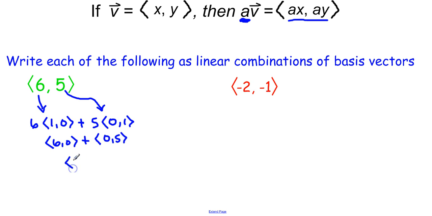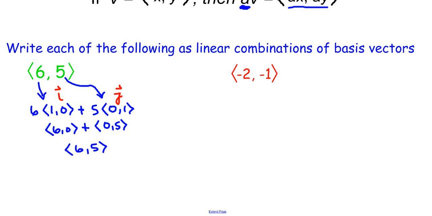That would give me 6 plus 0 in the x and 0 plus 5 in the y, and I'm left with an equivalent component form for my vector. So what we ultimately want to be able to do is write this as a basis vector, and we know that these things are defined as, this is I, and this is J. So just kind of a simplified version so we don't have to write this whole thing out.